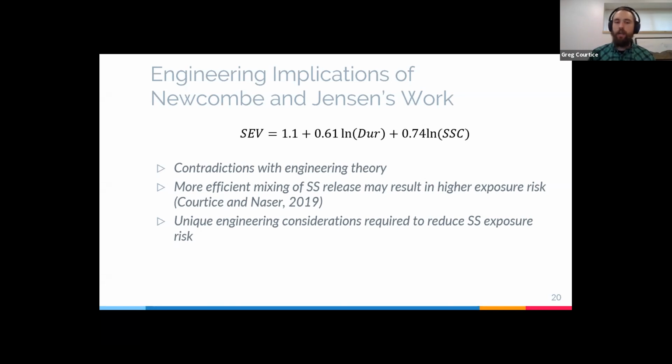So it's a bit of an oversimplification of what's going on, but it's important to note that our traditional engineering intuition or understanding of certain concepts may not apply as directly to suspended sediment as it might to other types of pollutants.